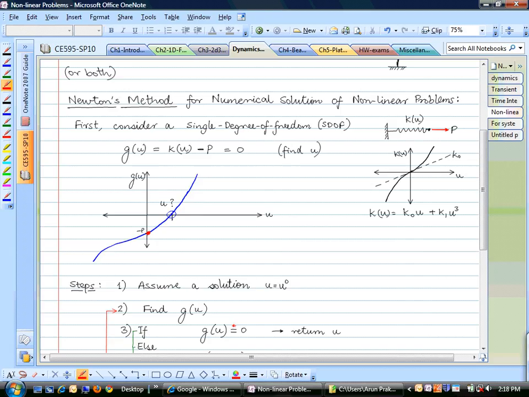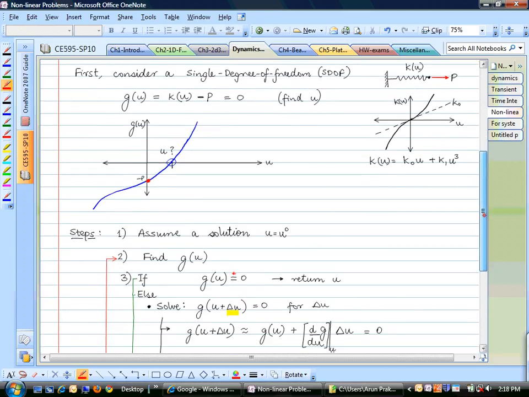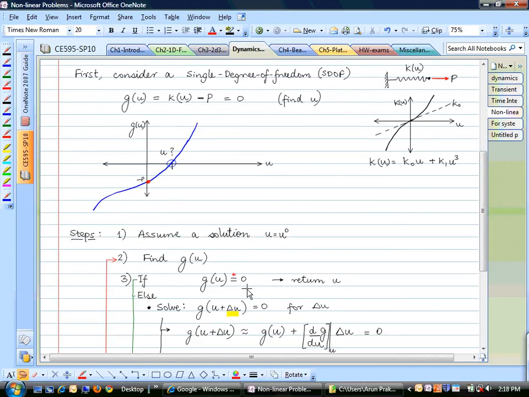The next step is that I will find the value of this G of U at this point. If this is close to 0, then I'll say that this is the solution. If this is not close to 0, then I'll try to find the derivative of this function at this point.